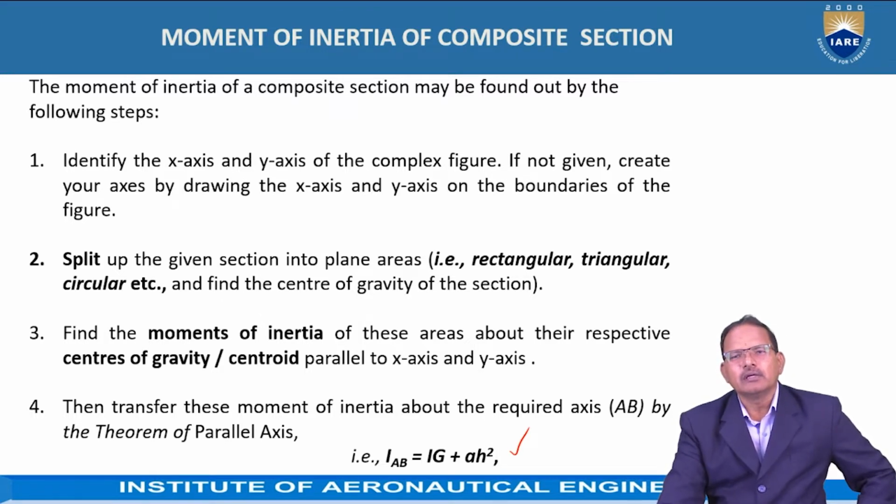A represents the area of each section, and h represents the position of the centroid of that plane section with respect to the reference lines.